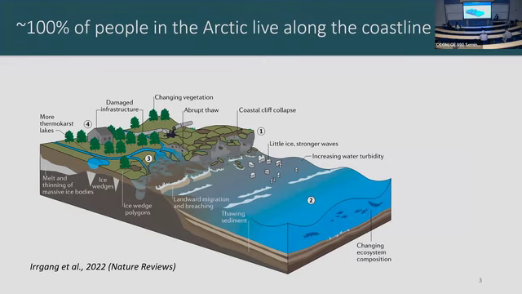In the Arctic, I think it can be argued that all of the communities there live along the coastline. So these changes that we're seeing with eroding coastlines, loss of sea ice creating more surface waves, impacting coastal ecosystems, and thaw of the coast that's contributing to damage to infrastructure are especially important for these remote communities that are very dependent on these coastal ecosystems.